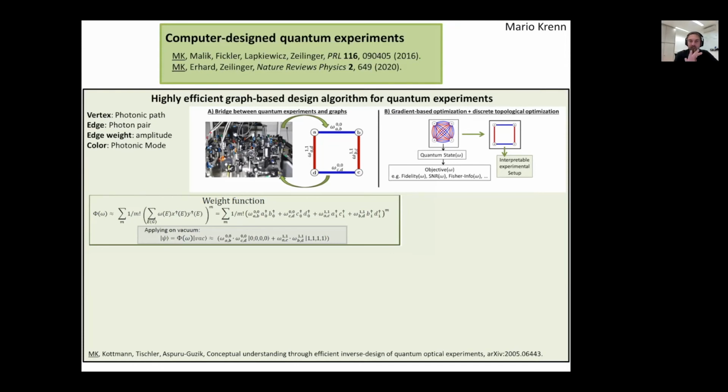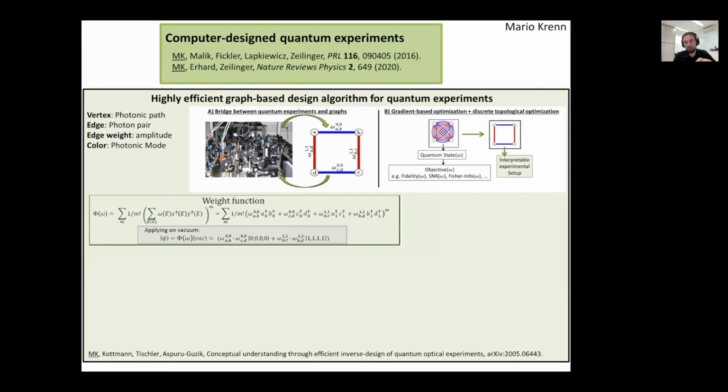And if we apply this weight function to the vacuum, we actually get the resulting quantum state. So this connection allows us now to use highly efficient gradient-based methods to find new solutions.